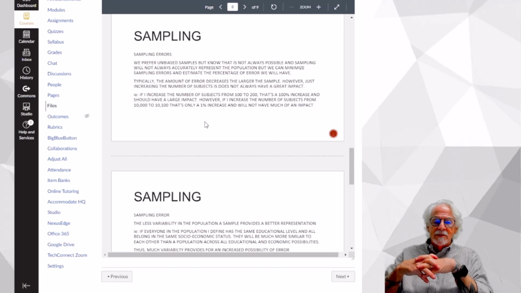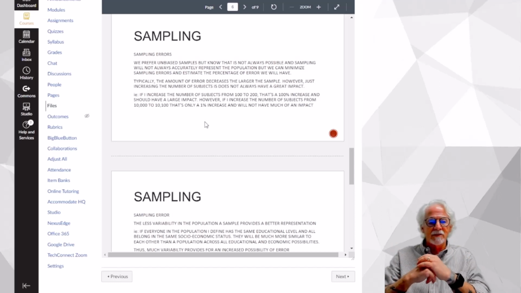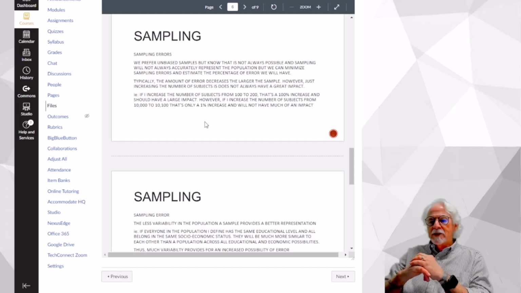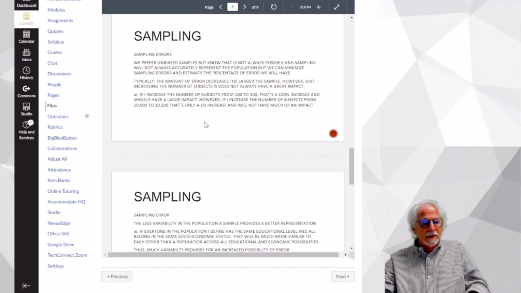Meanwhile, say I had 3,000 students and I just added 100, making 3,100, that's not going to have the same kind of impact as adding 100 to 100 to come up with 200. That makes sense, right? So increasing the size of the sample can make a difference, but not always.